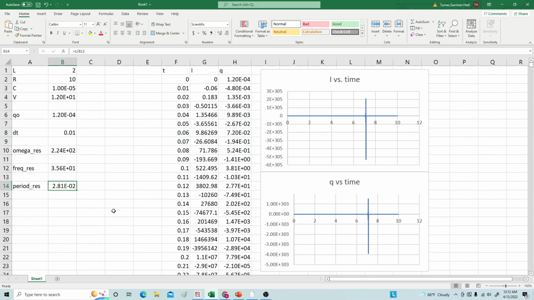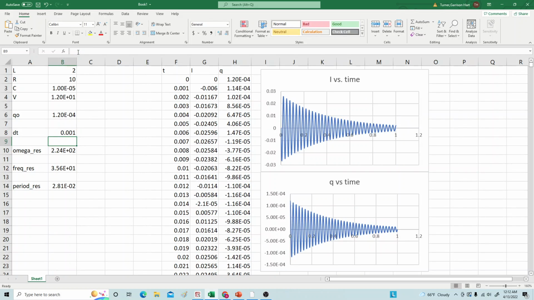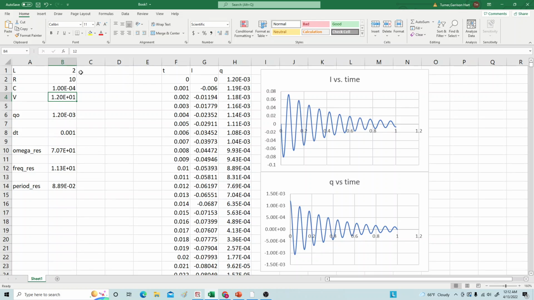So this means that I'm not sampling the system correctly. If I put another 0 back in, I actually recover the oscillatory nature of my system. So your step size is incredibly important in your choice. For the moment, we'll just say our step size is incredibly important.